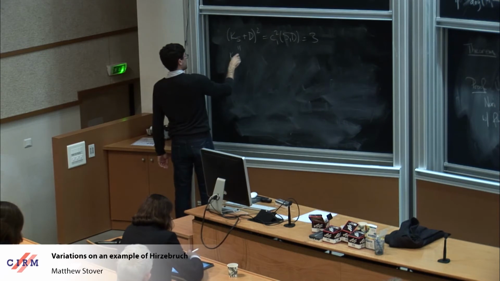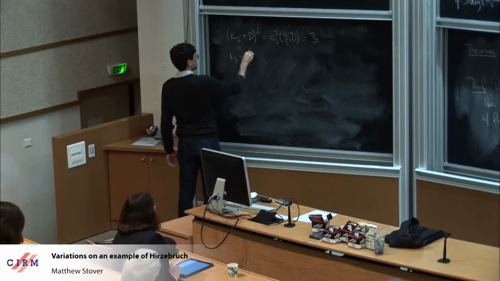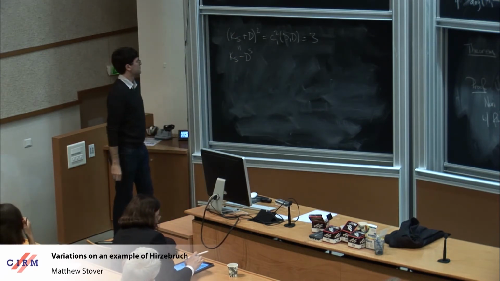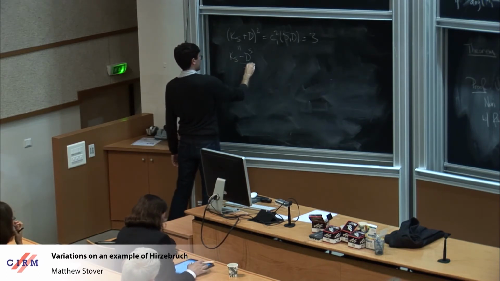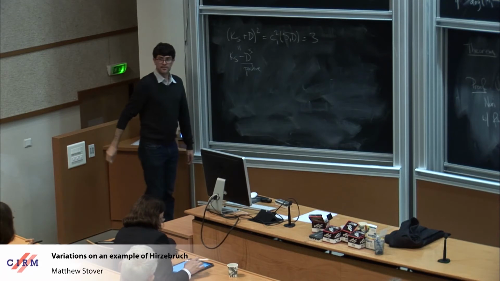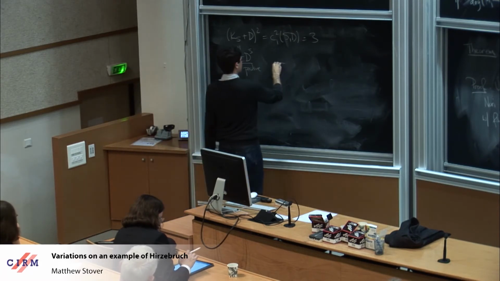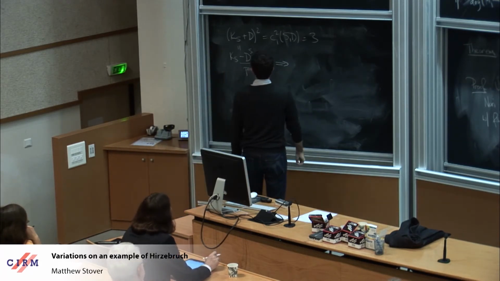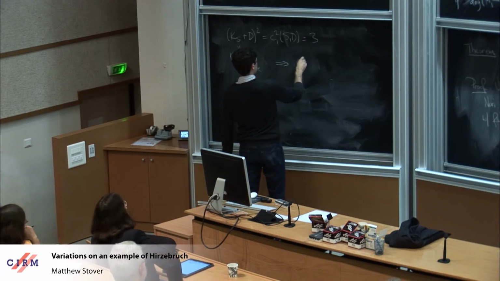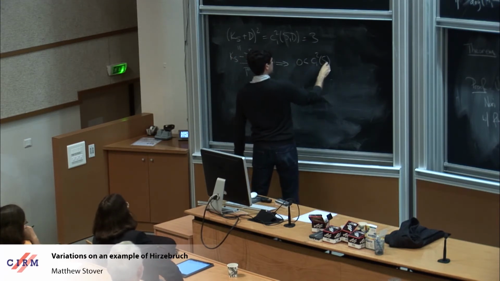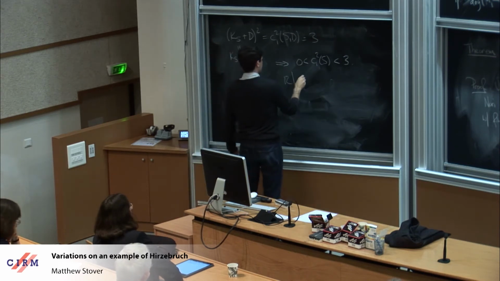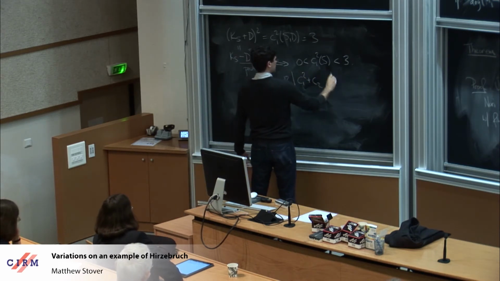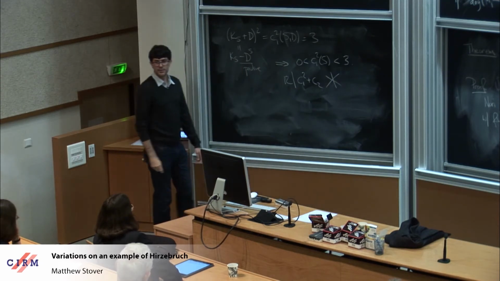But adjunction tells you that this is (K_S minus D) squared. This is positive. So then what you see is that 0 is less than c1 squared of S min, which is less than 3. But 12 divides c1 squared plus c2. So you're done.